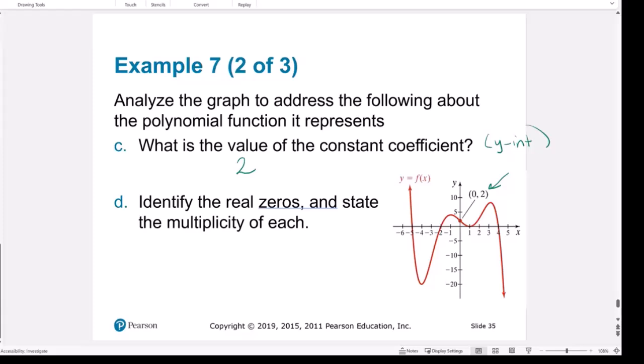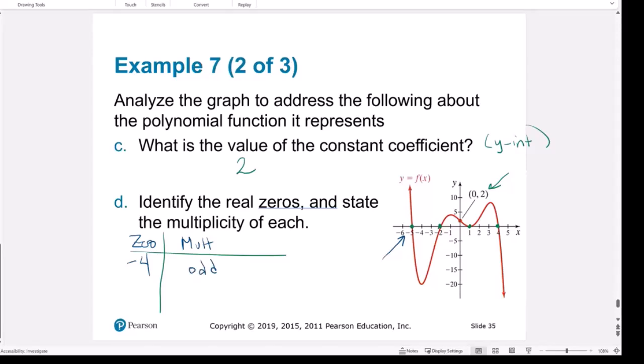Identify the real zeros and state the multiplicity of each. I look at where it crosses the x-axis. I can make my table. All they're asking for is the 0 and the multiplicity. I'm starting here on the left. I have a 0 at -4. I don't really know exactly what my multiplicity is, but since it crosses, I know it's odd.